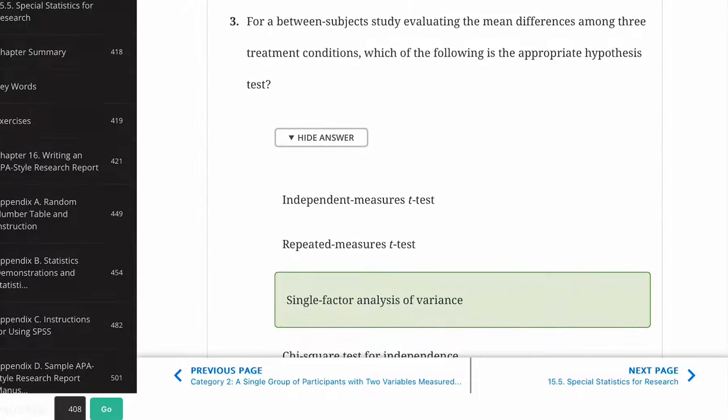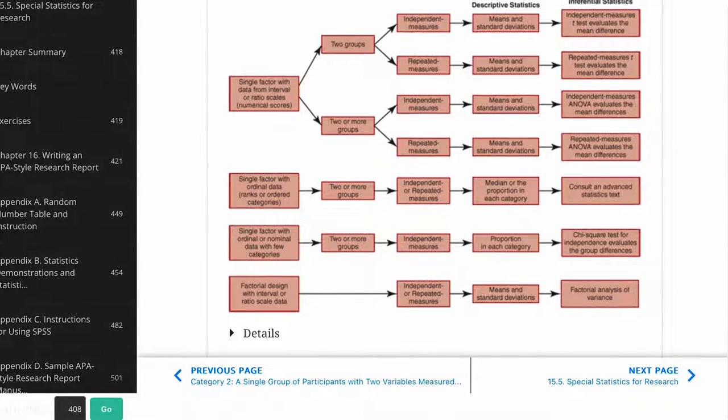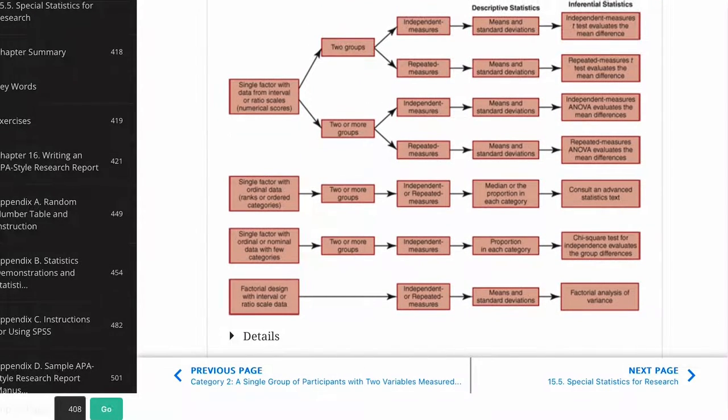To show you how I got there, in case you were wondering, for that third question I just walked through this flow chart essentially in my mind. We know that it's a single factor because it said there was only one variable and there were three groups. So we know it's this single factor right here, numerical scores. Then we know there are two or more groups, so we go down to that box because there are three groups.